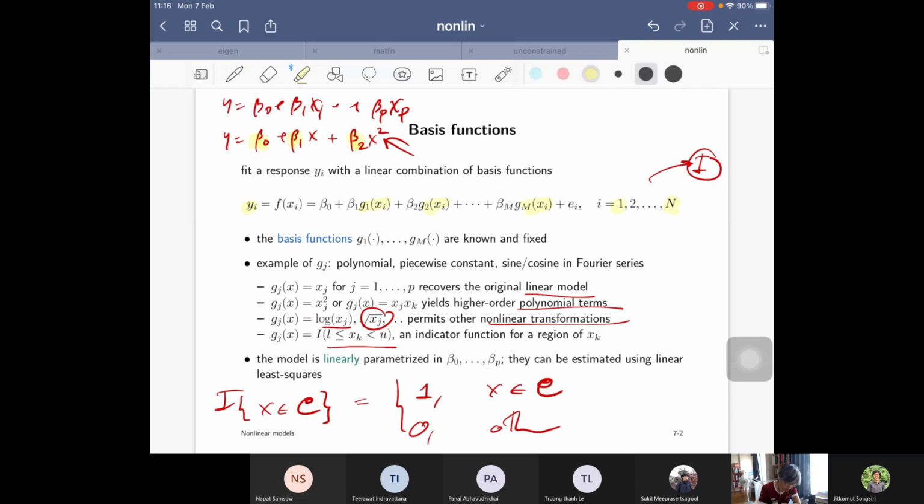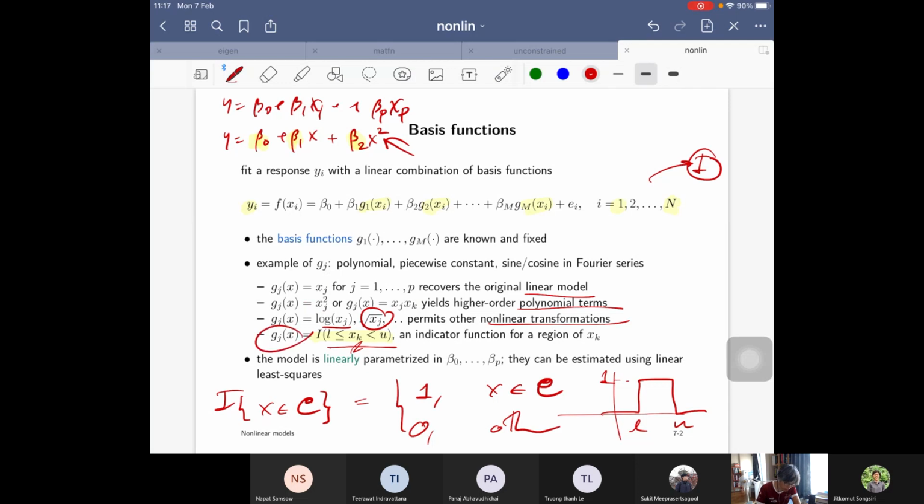So basically, whenever x_k is between the interval L and U, the function returns 1, and 0 otherwise.